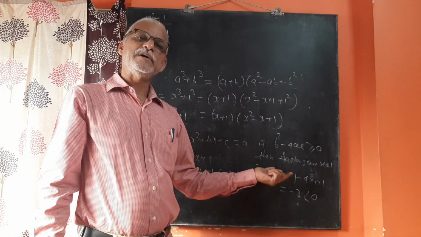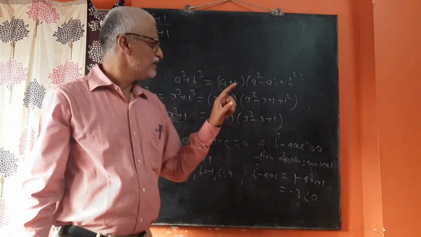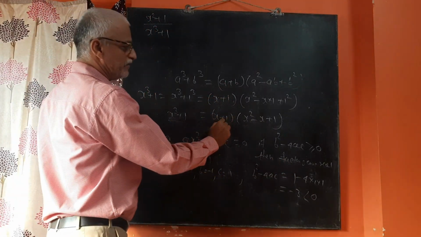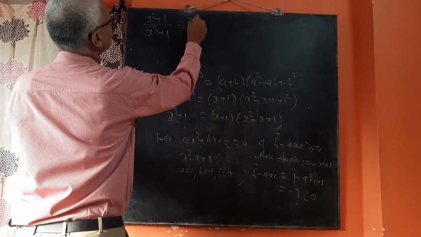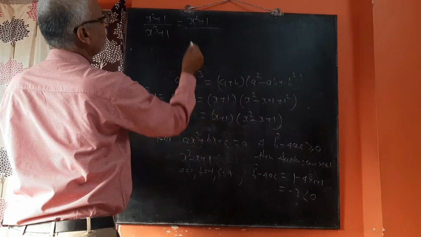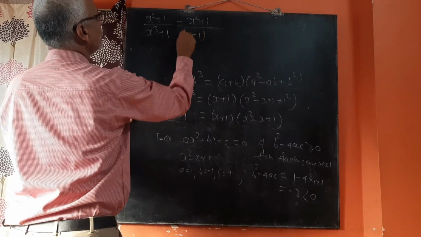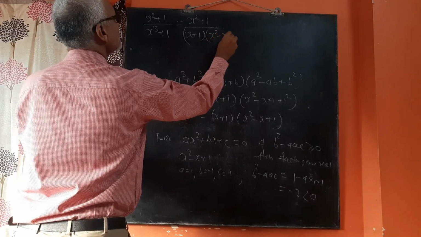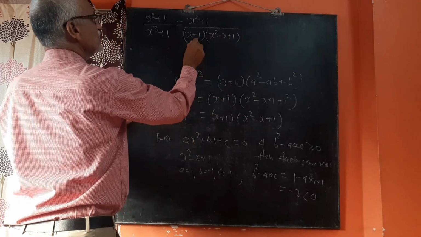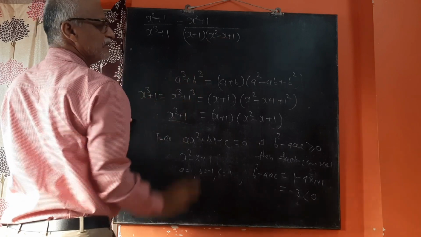That means factorization is not possible. So this is the linear factor, this is the quadratic factor. It can be written as x square plus 1 divided by x plus 1 into x square minus x plus 1. This is linear, this is a non-reducible quadratic.